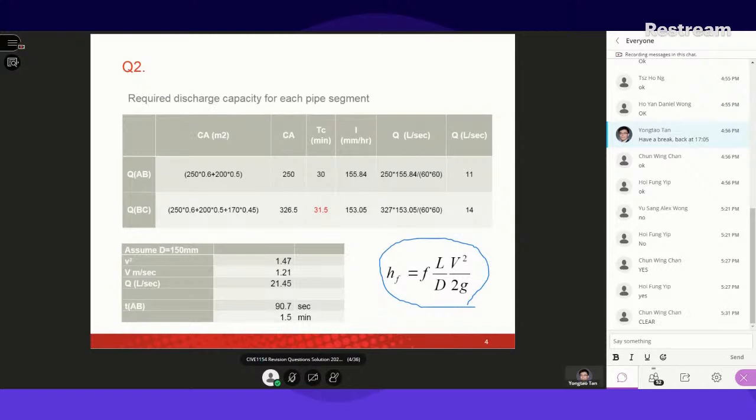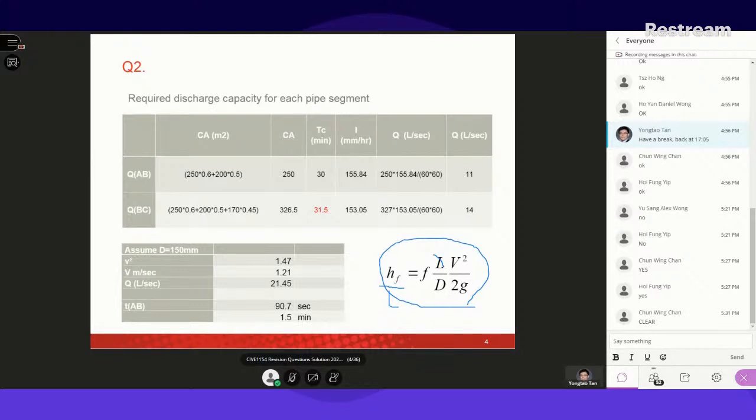So then you move the L to this side. hf over L is actually the slope. The slope is 1%, f is 0.02, D is 150 millimeters, and g is 9.81.